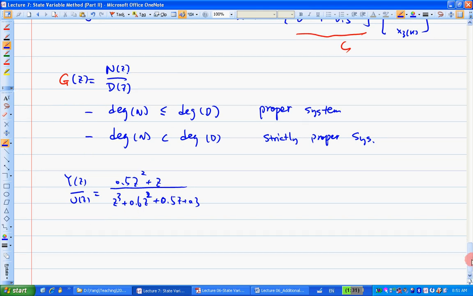So can you write this back into the difference equation format?